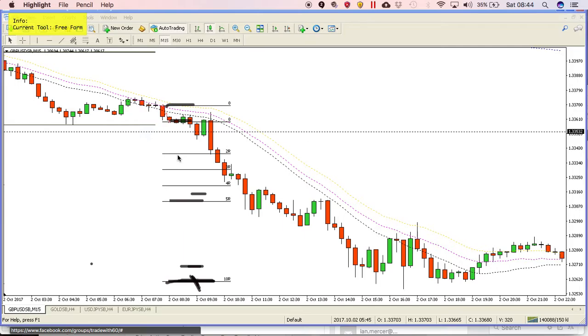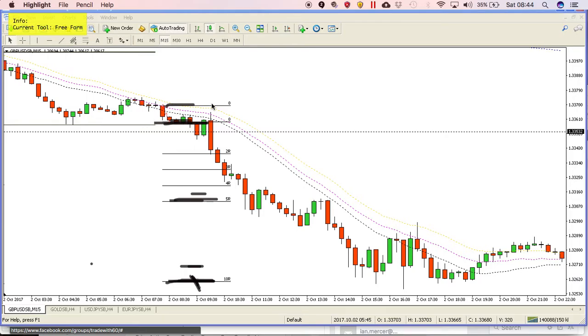And what I was doing this week, like I said in the previous video, is waiting for price to go to 5R, and then I'm moving to break even. So all of my 5R or more trades, I'm going to break even at least.